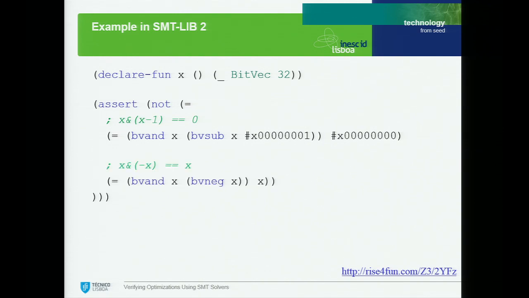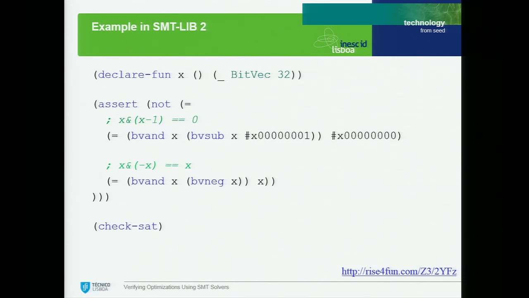Then we encode the second expression. And finally, you say, is it satisfiable or not? What this example is saying is, is there any value for x which makes these two expressions return a different value? That's what we are asking from the SMT solver.